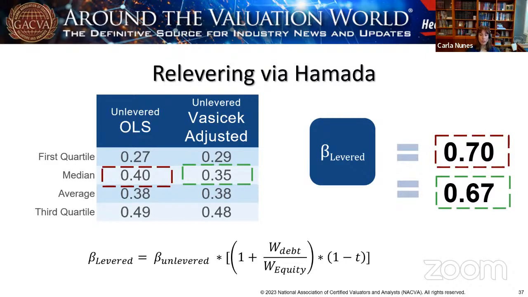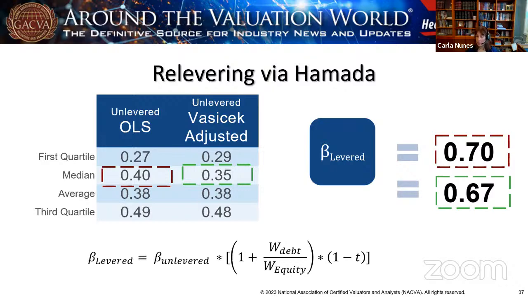So here we just give you an example of relevering using Hamada, the formula, and we're showing you both the OLS, so the historical betas, versus the Vasicek. And in this case, they're actually not that different. When we relever the median, that's the median in the brown square is 0.7 for the OLS betas, and the median Vasicek is relevered at 0.67.